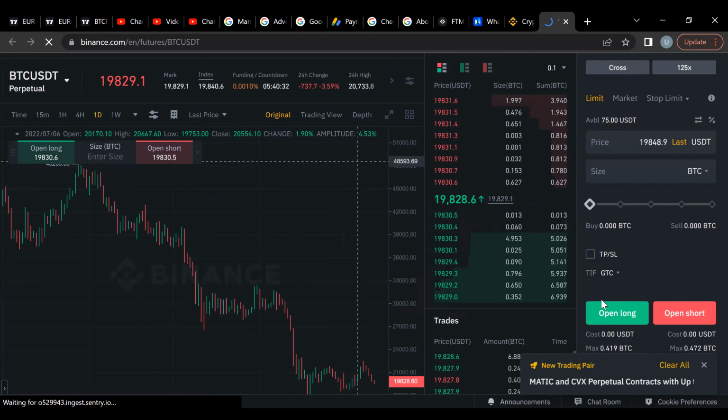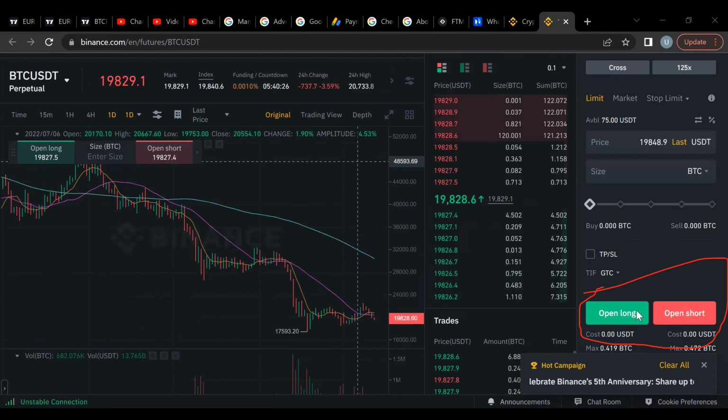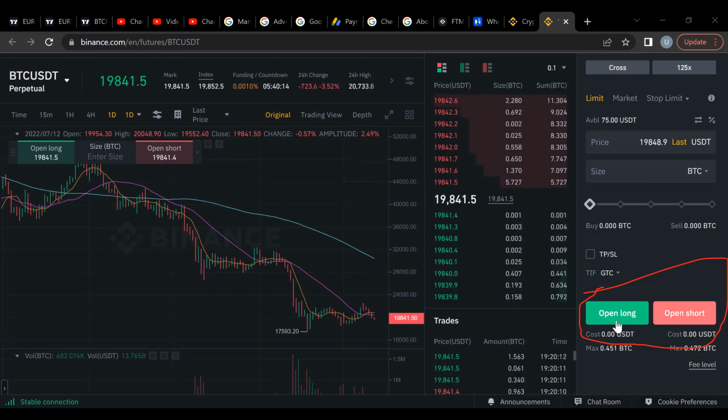But if you check this area where you are seeing long and short, for spot they write buy or sell. That's what you'll be seeing if you go to spot. But with futures, what you are seeing is long and short. That's to tell you that long is equivalent to buy, short is equivalent to sell, right?